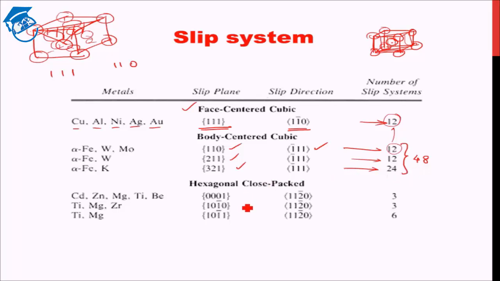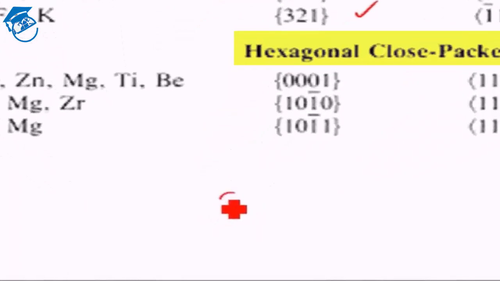In the case of hexagonal close packing, the close packed plane is the basal plane. In the base we had something like this, 1 atom and 6 atoms surrounding it.